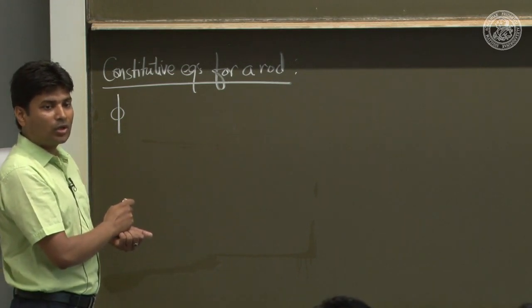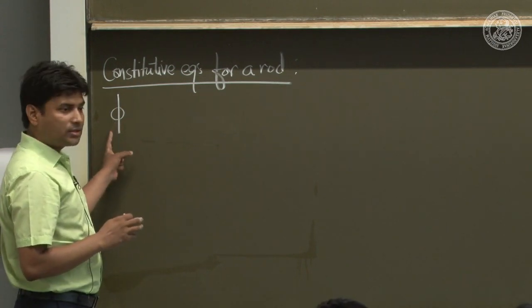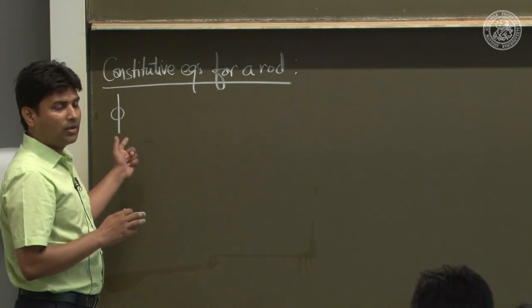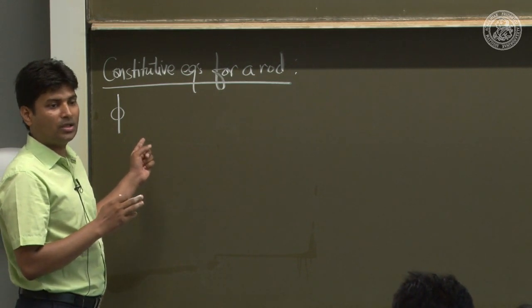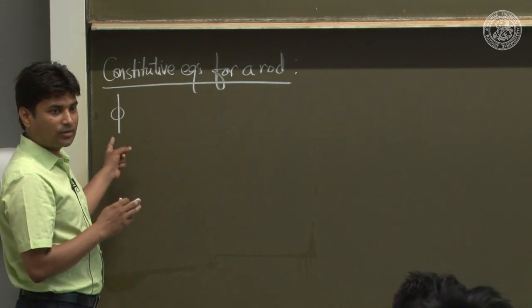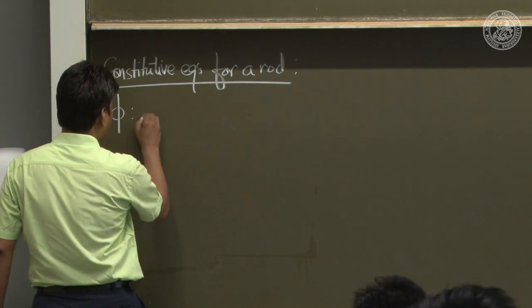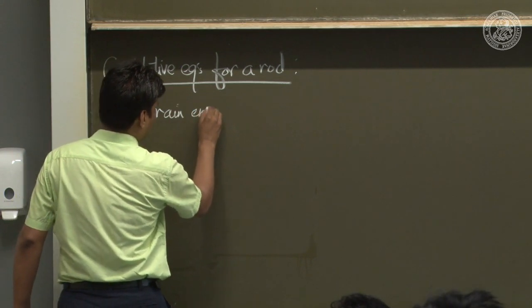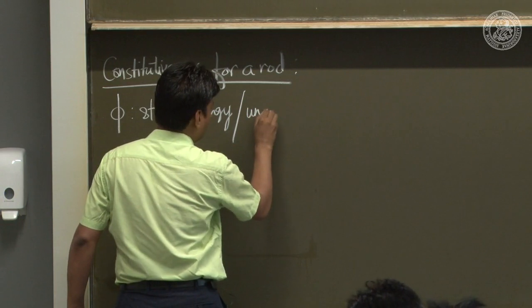Now, since we are talking about a 1D theory, this must be strain energy per unit undeformed length, not the strain energy per unit undeformed volume that we have in 3D elasticity. So we want to define phi, which is strain energy per unit undeformed length.